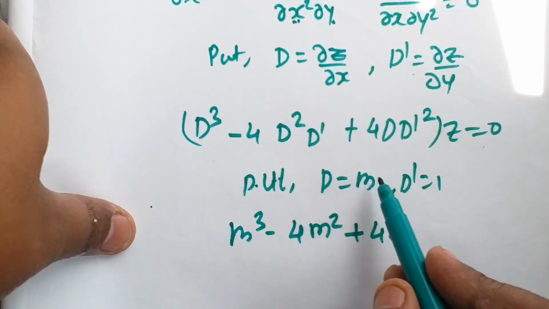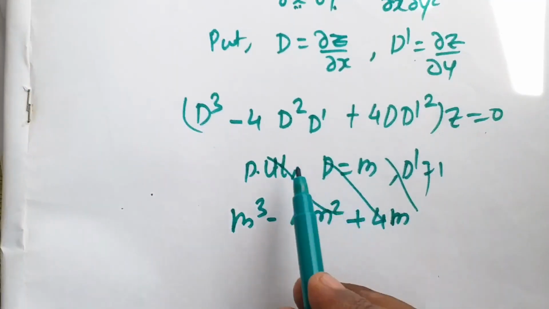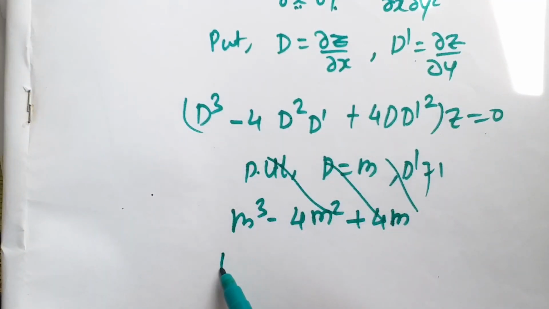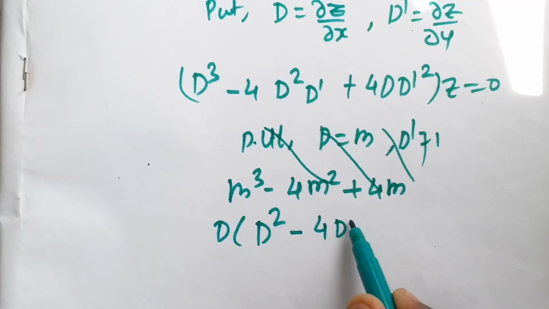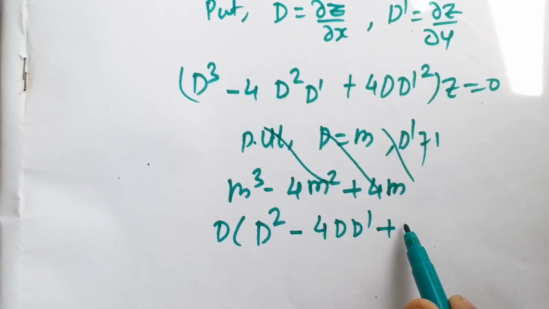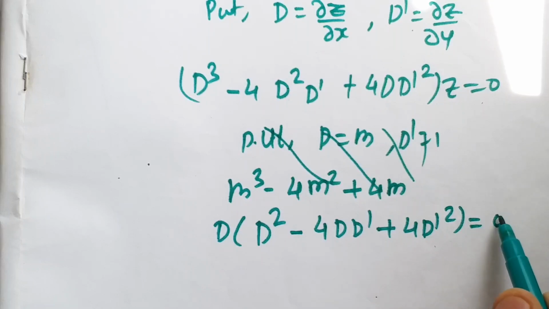Wait a minute, here we can take D common, by mistake I said we cannot. So if you take D common, here we'll get D square minus 4D D dash plus 4D dash square, z equal to 0.